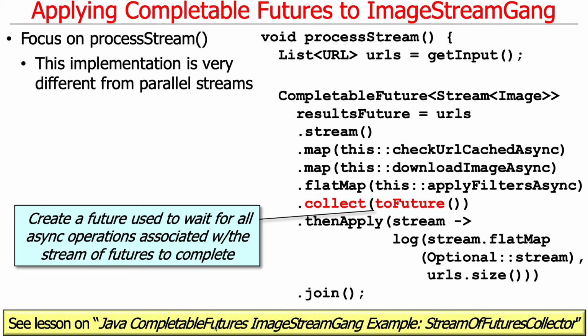And there will be a lot of asynchronous processing, because we're downloading the images, we're checking the caching asynchronously, we're downloading the images asynchronously, we're transforming and storing asynchronously. And if you have a lot of images, there's going to be lots of asynchronous stuff queued up in the worker thread deques in the fork join pool. And we're going to end up with one and only one completable future to this whole kit and caboodle.